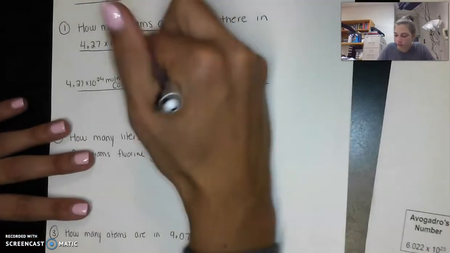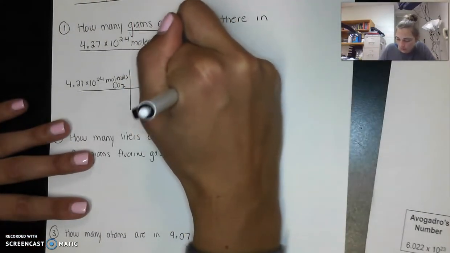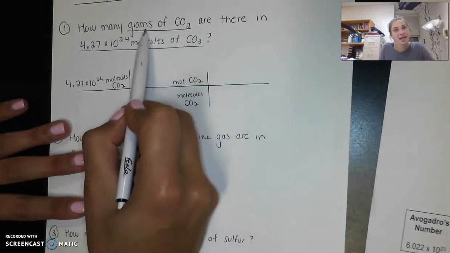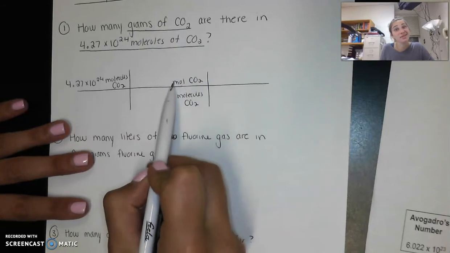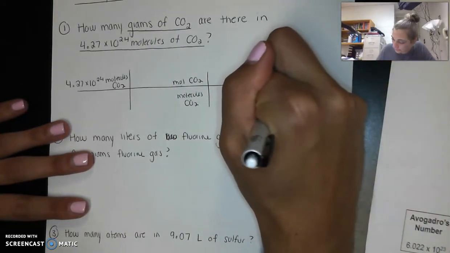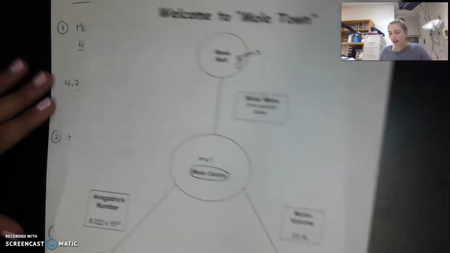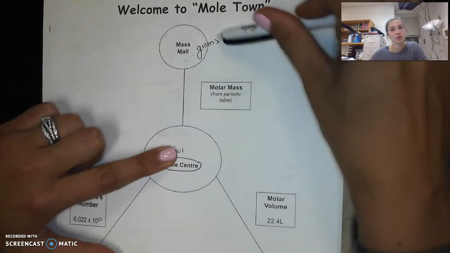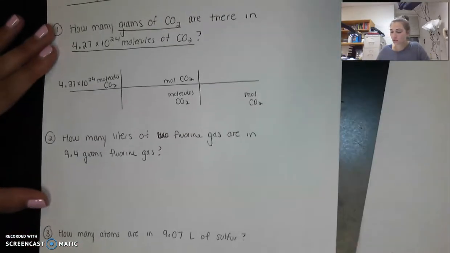So my new unit is going to be moles of CO2. But moles of CO2 is not where I'm trying to end. I'm trying to end in grams. So that means I have to get rid of moles, so I put it in the bottom again. Now, I go back here. My next step does get me up to mass, so grams is going to be my last unit.